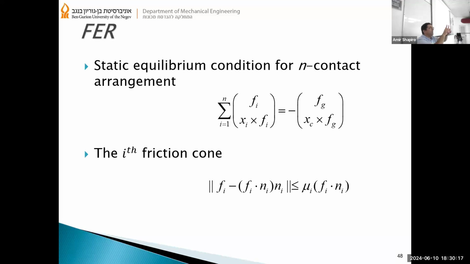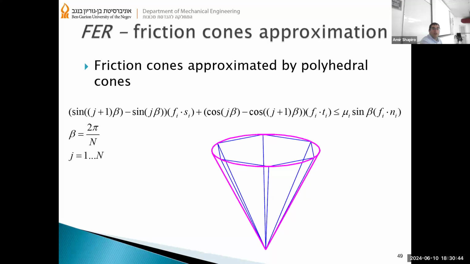And if we have the constraint that the tangential force is smaller than mu n, then this causes something like a cone that the contact force can be in. And the angle of the cone is arctangent mu, the coefficient of friction. And you can see here the friction cone, so the force must be within this cone.